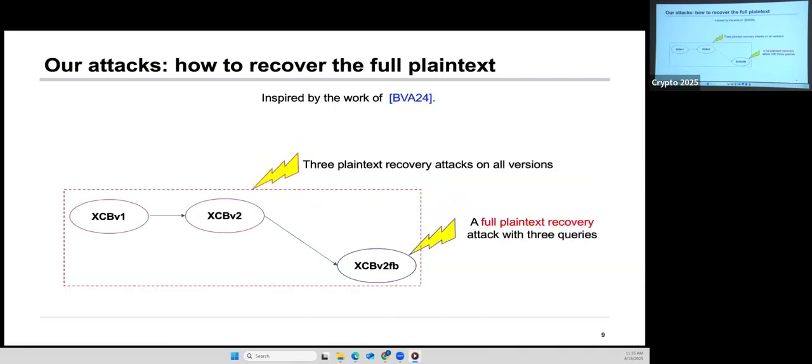Inspired by the work of Barty et al., we began to wonder whether it might be possible to recover the entire plaintext. As a warm-up, we extend Barty et al.'s attack into a full plaintext recovery attack with one more query, just one more query. After that, we proposed 3 more plaintext recovery attacks that apply to all versions of XCB.